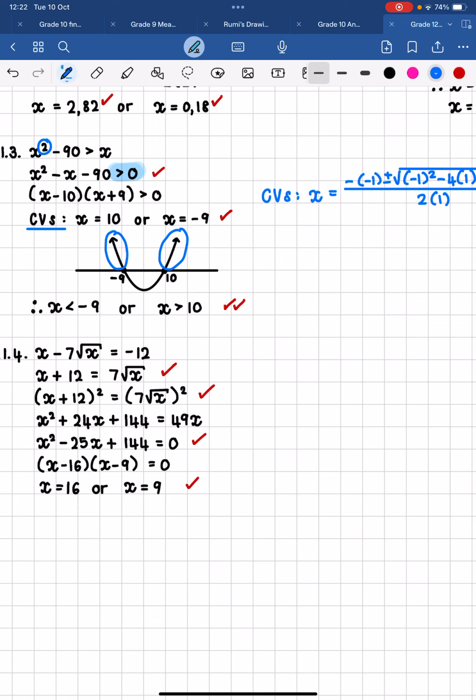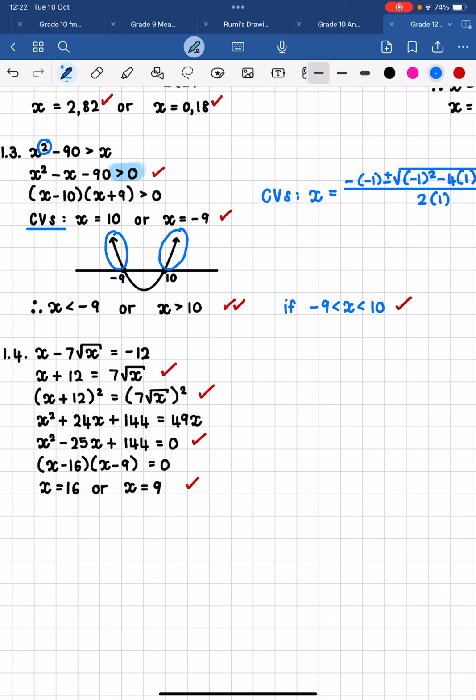If you wrote -9 smaller than x smaller than 10, you can get 1 out of 2 for that statement. So basically if you wrote this section, you still get a mark for your values, but you lose the mark because it's obviously not the right section.